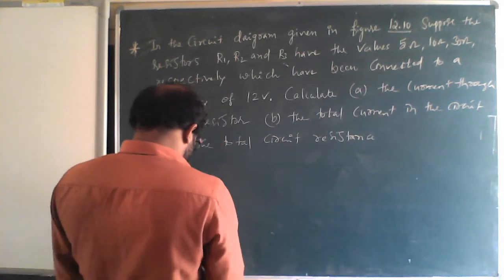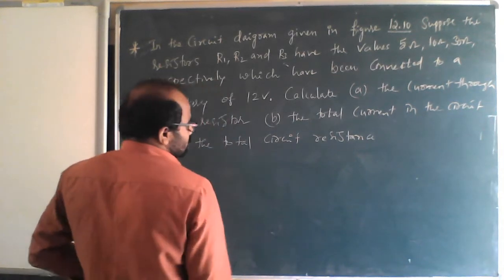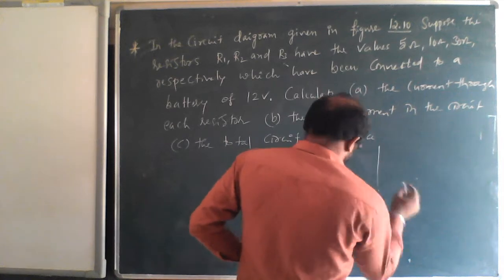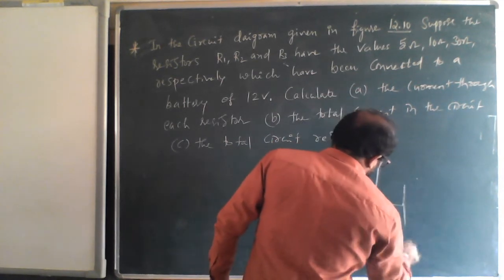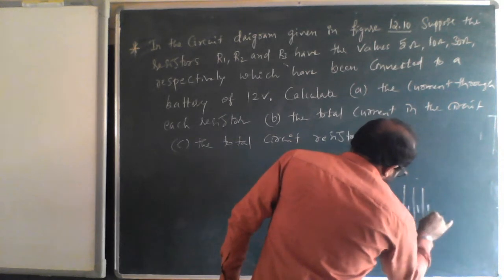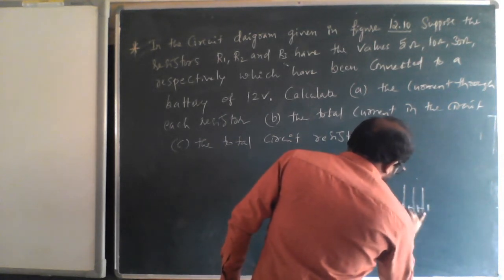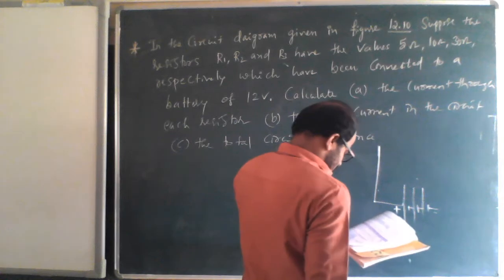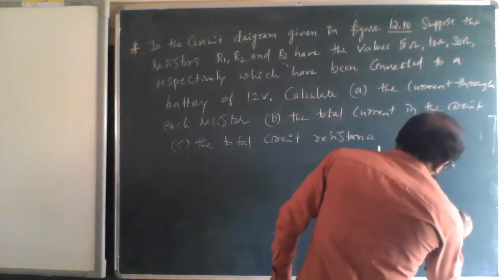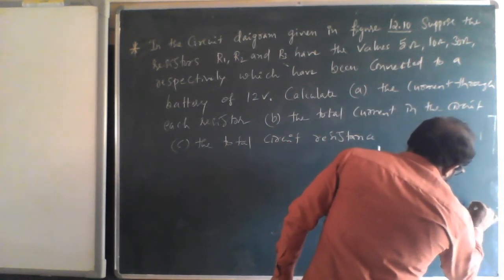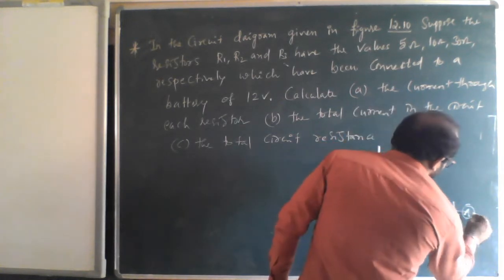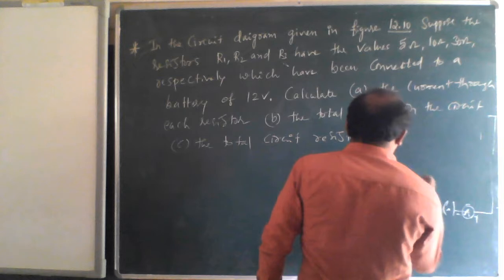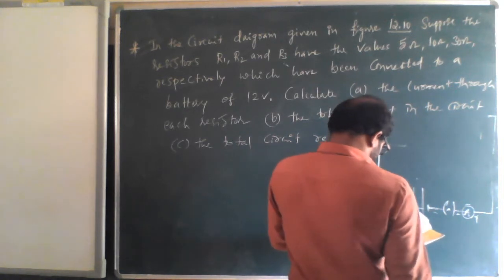How is the diagram? Please note down this diagram. So this is the diagram. Plus minus. Key is there. Ammeter is there, that is minus plus.